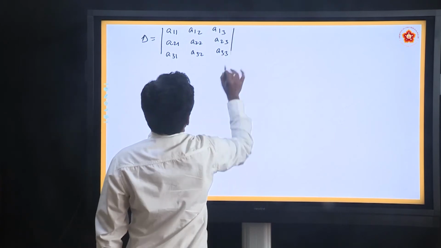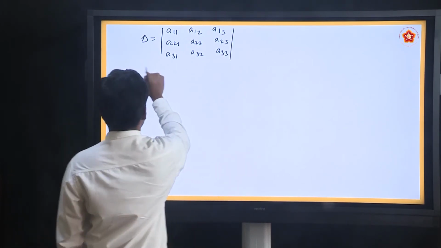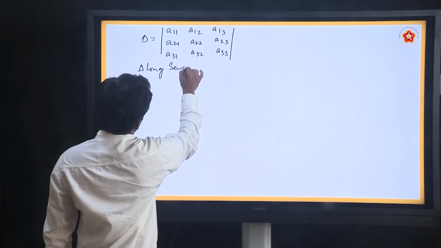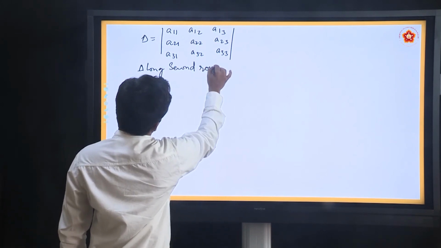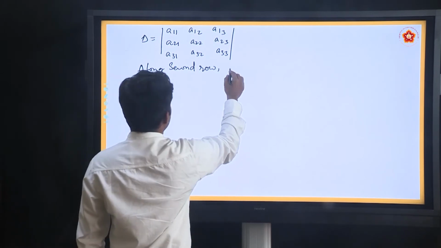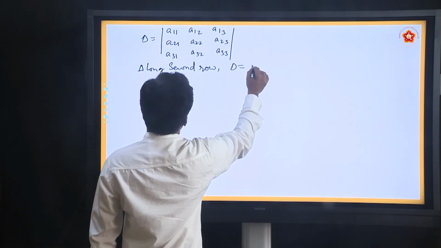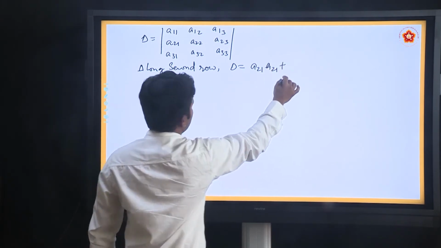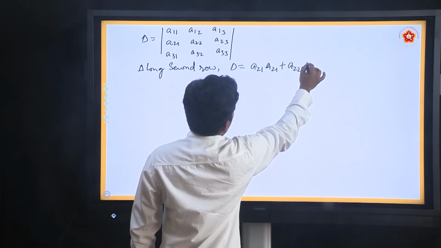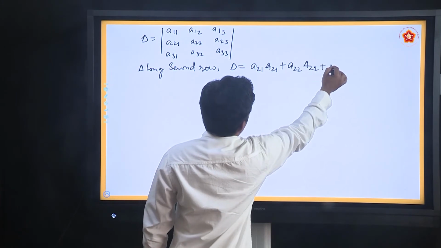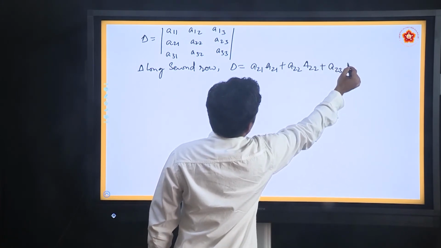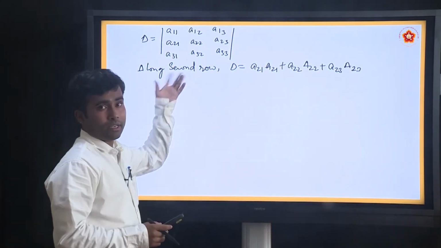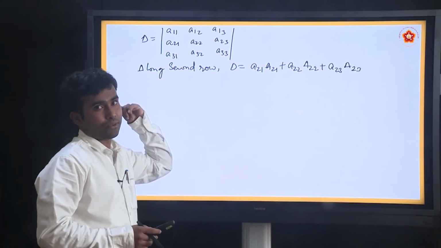Along the second row, the determinant is equal to A21 C21 plus A22 C22 plus A23 C23, okay. Similarly, you can expand in the remaining 4 ways.